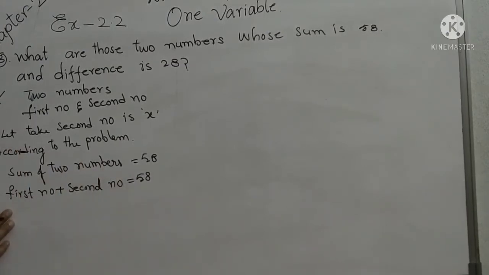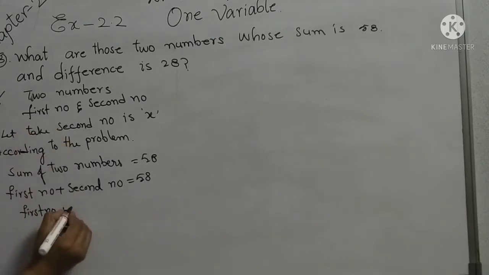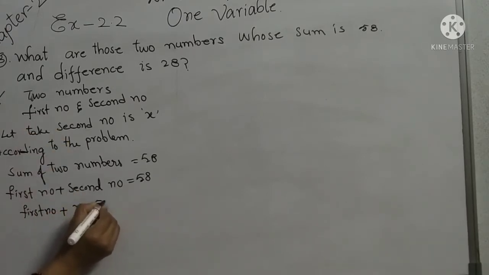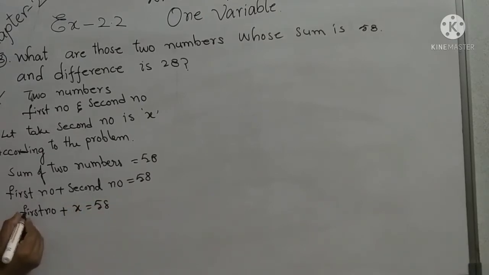What is the first number? We don't know; we find that. What is the second number? x. So first number plus x is equal to 58. We will find the first number.